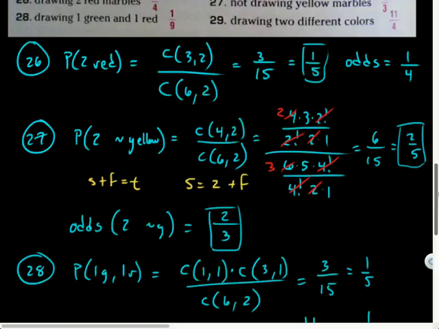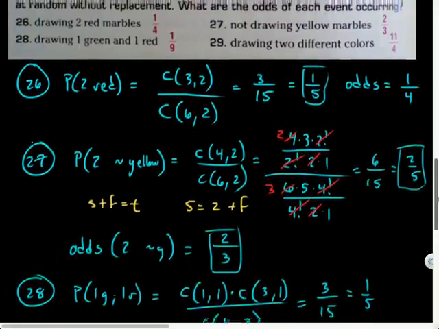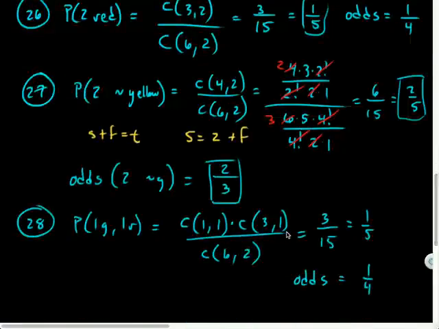Let's see, drawing 1 green and 1 red, right? So 1 green, 1 red, combo. Let's see, wait a minute. Right, combo 3, 1 should be 3. Yeah, and there's definitely 1 green, and there's definitely 6 altogether, right?